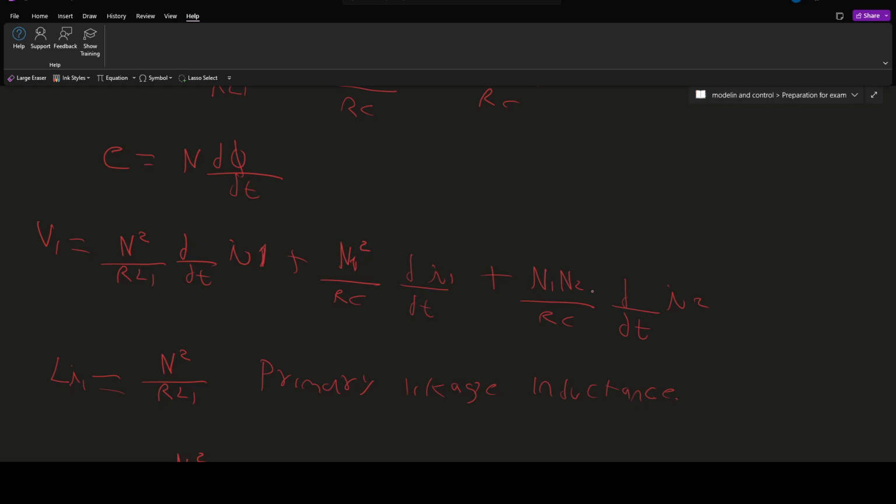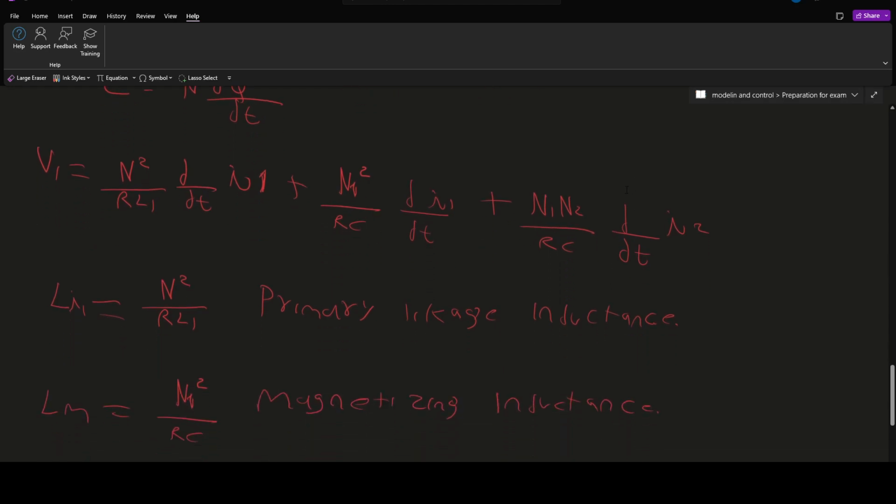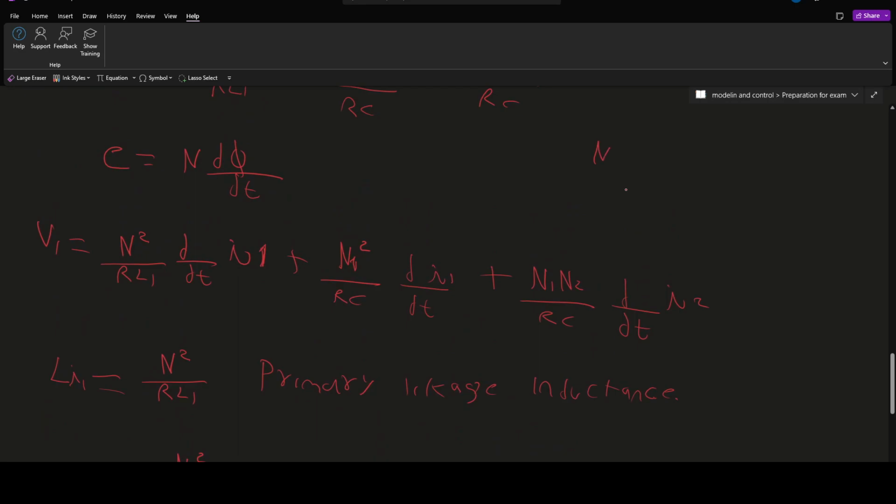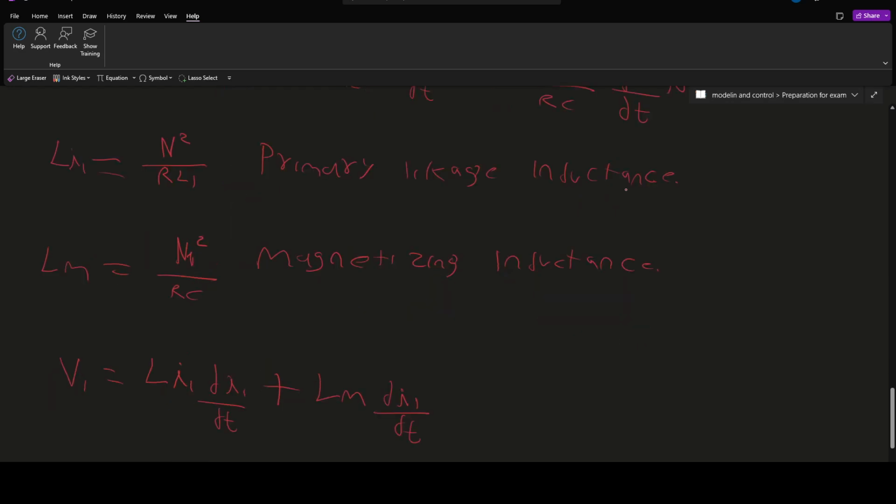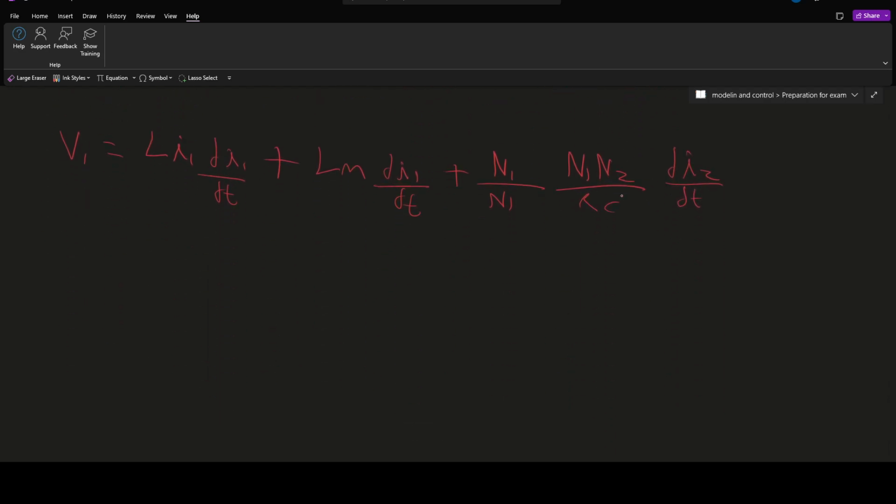So it will be better if we have this in terms of something that we know, for example a ratio of terms, so we can get some information from that term. So what we can do is multiply each side of the term by N1.